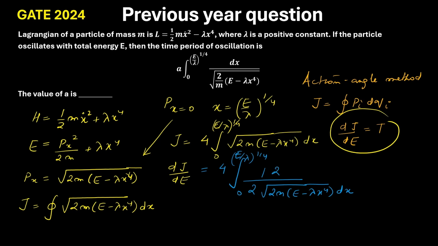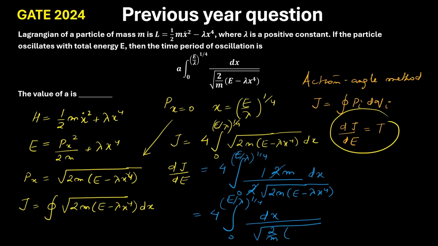Then here you'll get another 2m factor. So 2 cancels out, and this m I can take inside, so it will be 2 by m. Then you'll have the expression 4 times the integration from 0 to (E by lambda) to the power 1 by 4, with dx on top, divided by root over 2 by m (E minus lambda x to the power 4).